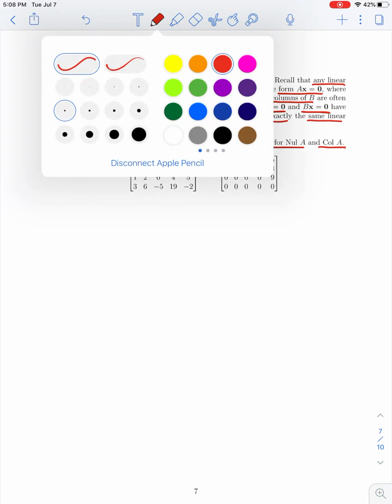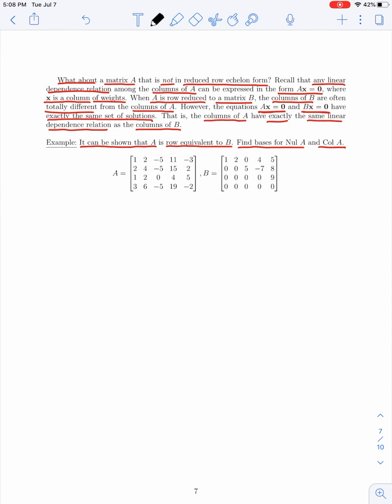In order to find a basis for our null space, we would consider the equation A times X equals 0, which has the same solution set as B times X equals 0. We want to describe these vectors X that would solve this.